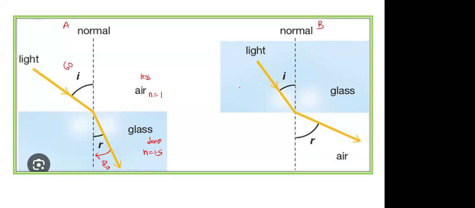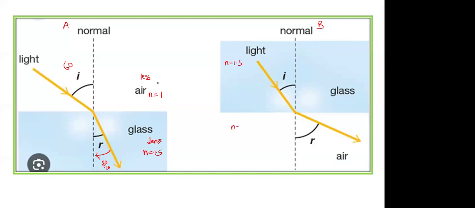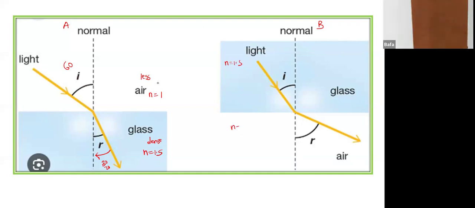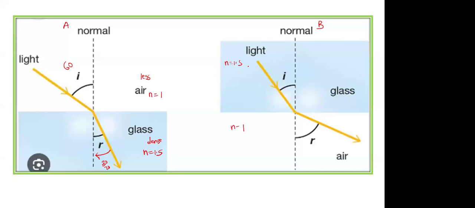However, when light is moving from water or glass, which is 1.5, and is entering into air, which is 1, the medium is very dense and is entering a less dense place.